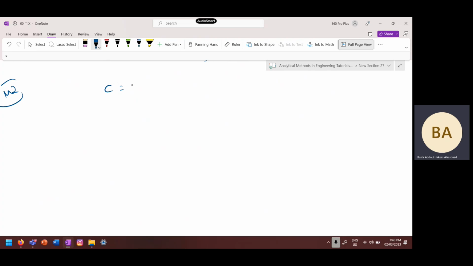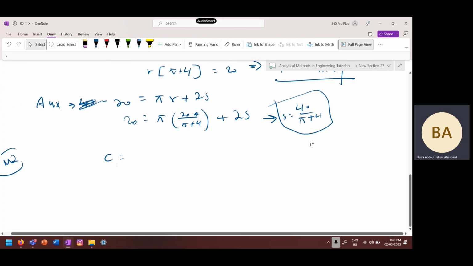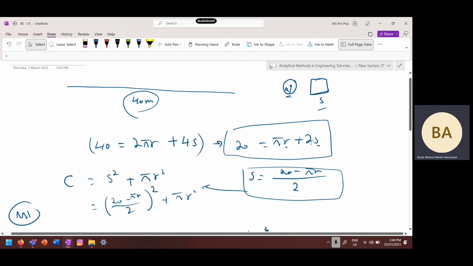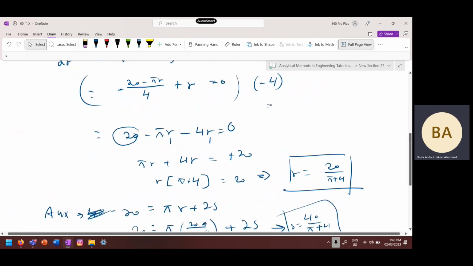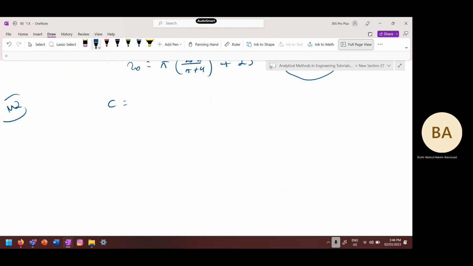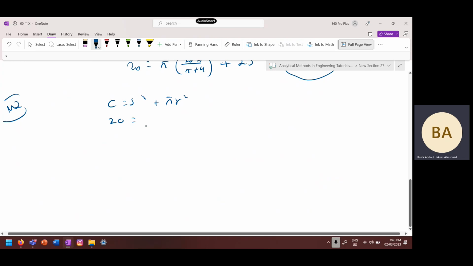The cost function was s squared plus pi r squared, and the auxiliary, you had 20 equals... or we'll not use this one, we'll use the value of s.